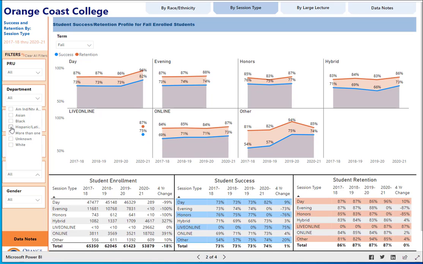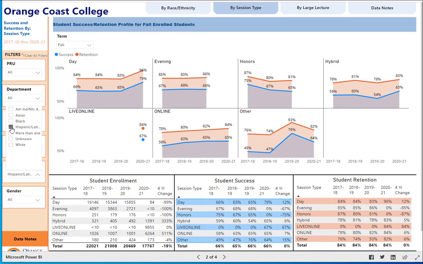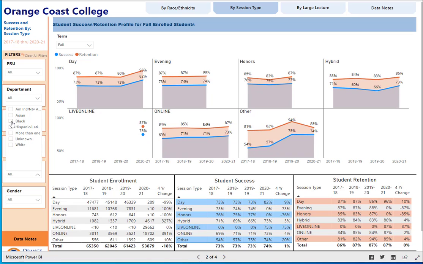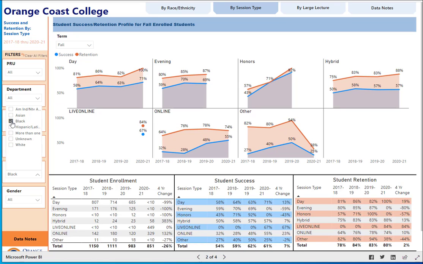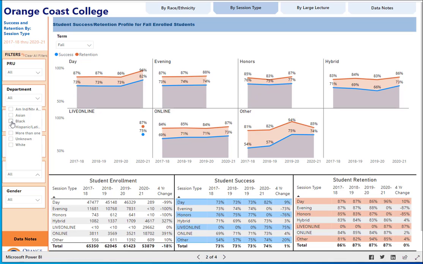The college at large for Hispanic Latinx. So you can see that overall the success rates across all modalities decreases for the Hispanic Latinx population. Let's take a look for Black students. When we select Black students, you'll see that they also have a decrease in success rates across modalities. But there's a greater decrease.